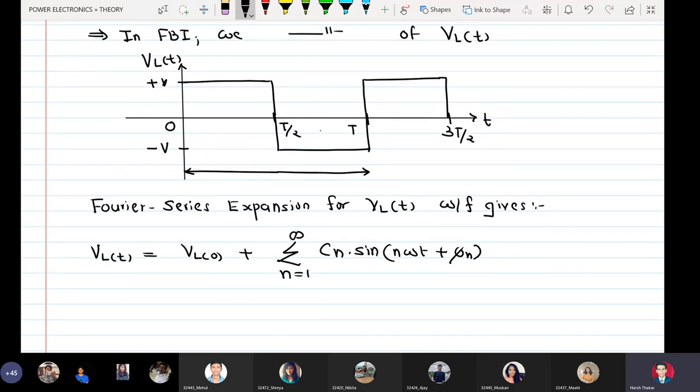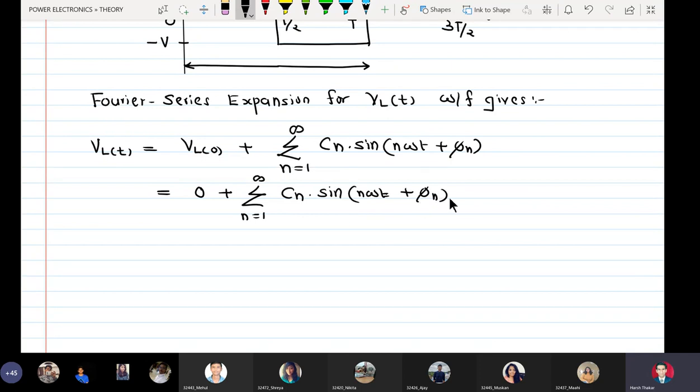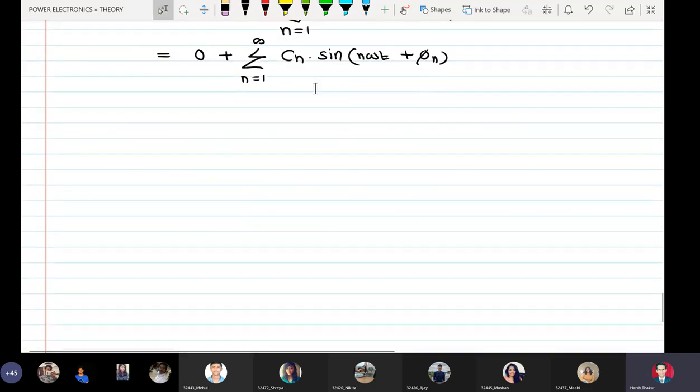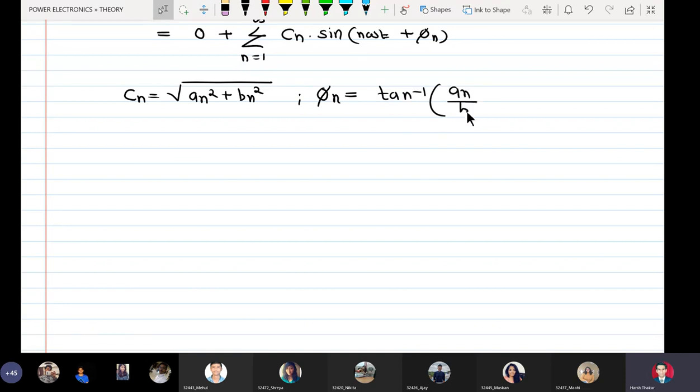That means VL of 0 is equal to 0. So it is 0 plus summation n equal to 1 to infinity Cn sine of n omega t plus phi n. We know that Cn is equal to under root of the coefficient an square plus coefficient bn square. We also know that the phase phi n is tan inverse of an upon bn.